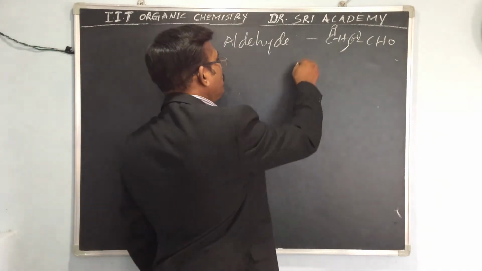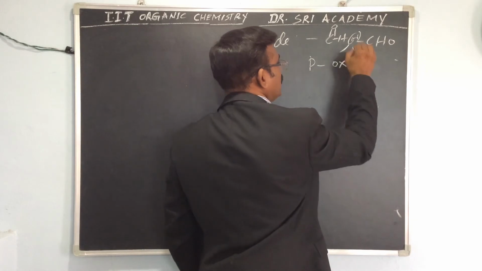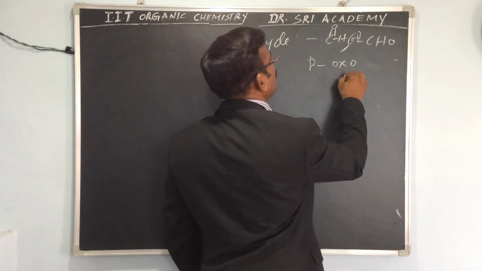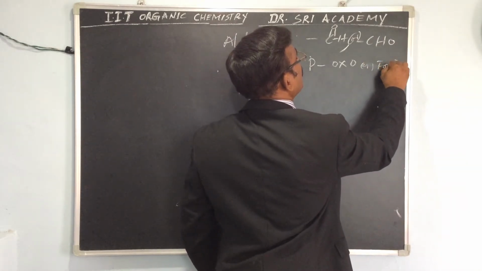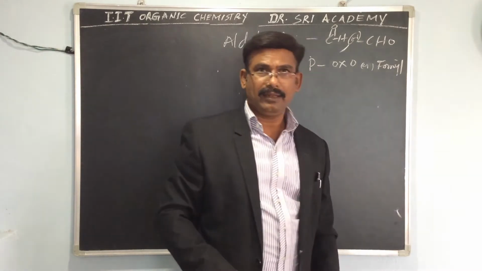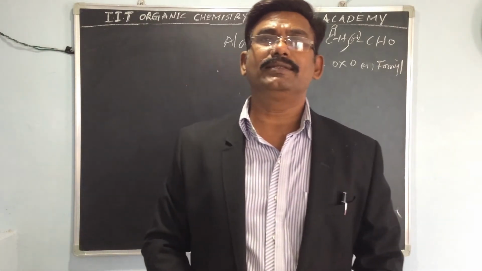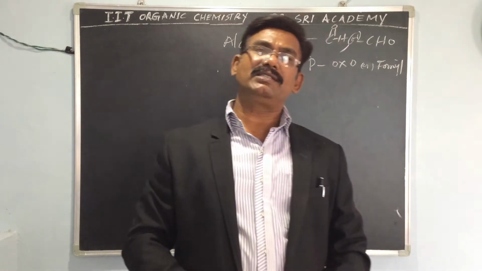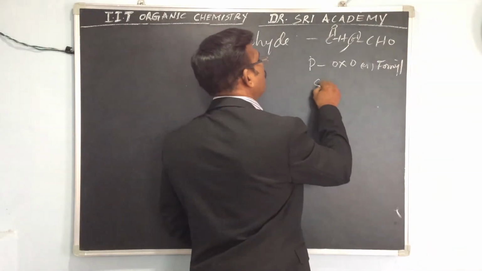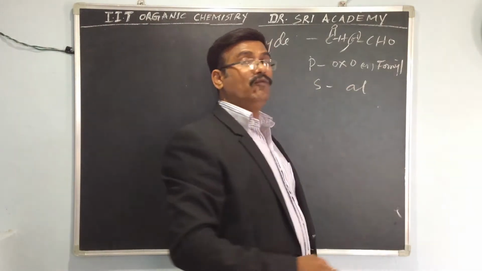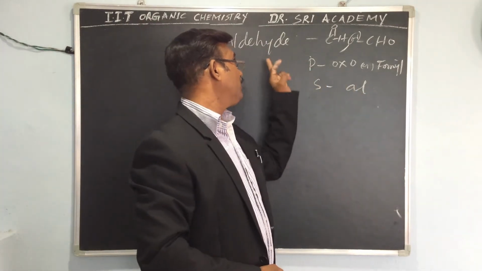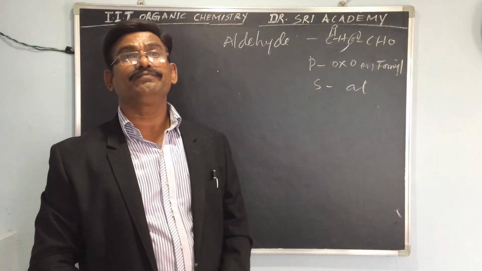What is the prefix? The prefix is oxo, or one more name, formyl. That is the prefix of this aldehyde. And what is the suffix? The suffix is -al. So -ol is the suffix of the OH group, but -al is the suffix of CHO, aldehyde.